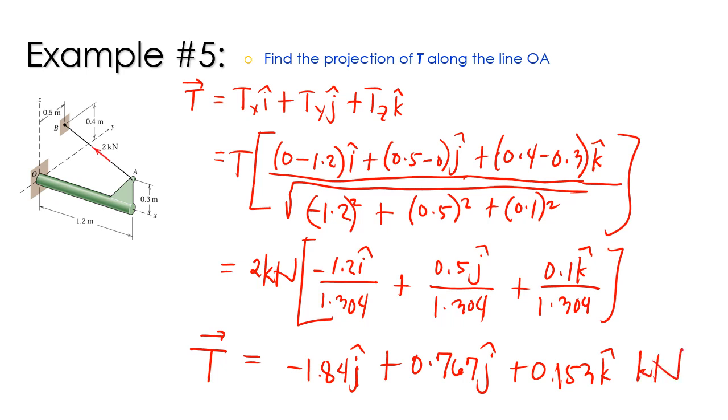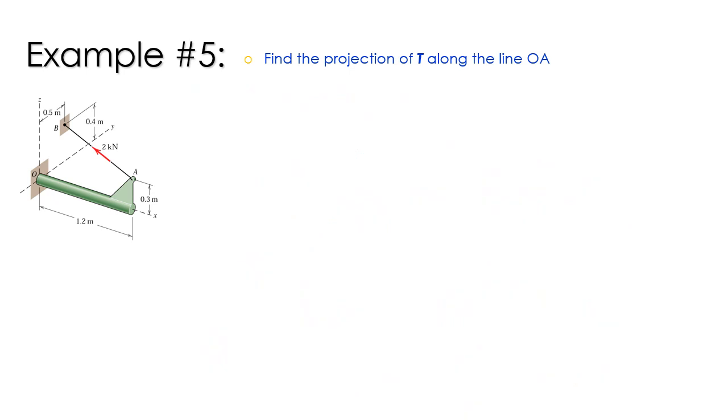So let us remember this value. Let us write it here. Our T is equal to negative 1.84 i plus 0.767 j plus 0.153 k kilonewton.